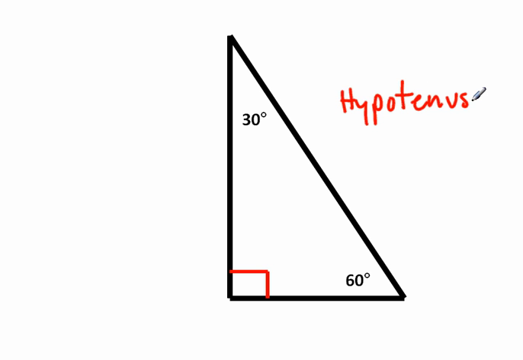Hypotenuse. Now, when we look at 30 degrees here, opposite the 30 degrees, this is the shortest side. But when we look at it as a right triangle, we can also say that this is the short leg.